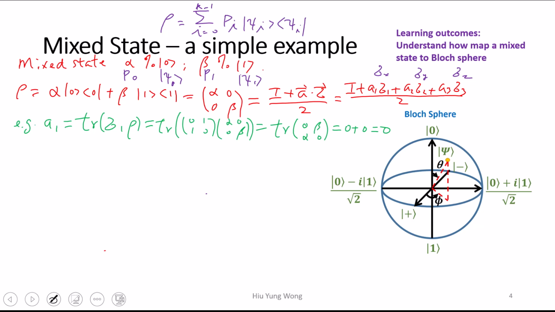Similarly, A2 is also 0. Let's look at A3. A3 is the trace. Again, if you forgot, why do I do the trace? Because this is just the inner product of the matrix and rho.